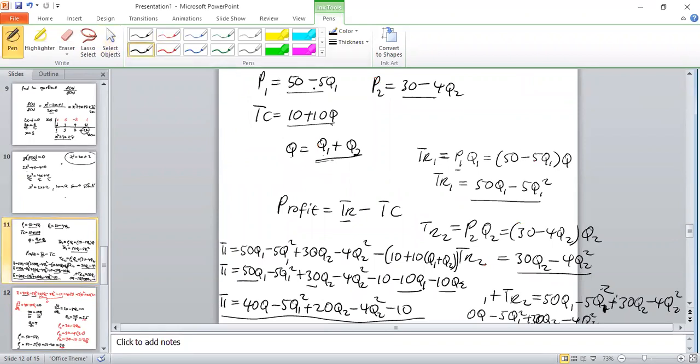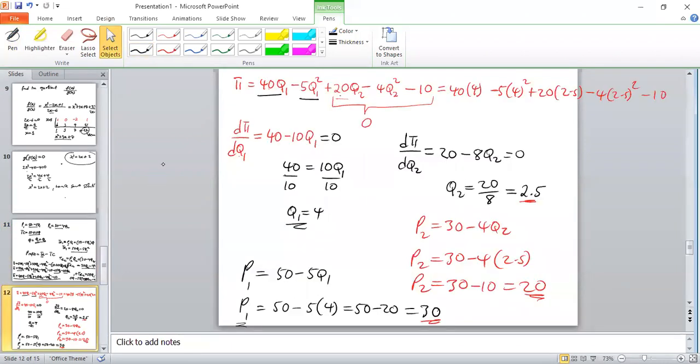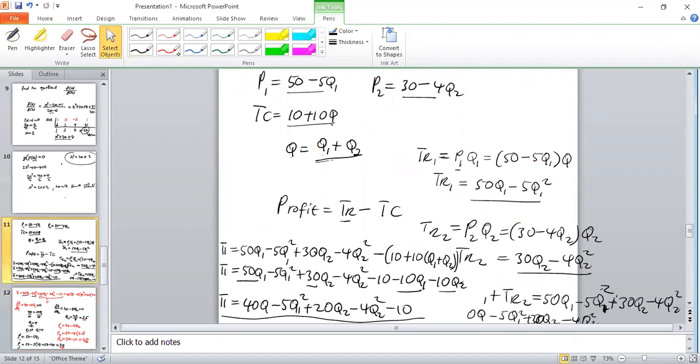So for the first market, P1, we have the coordinates, which we have just found. So for P1, what did it give us? What are the coordinates? P1 is 30, as Q1 is what? 4. And then we are going to get the value of B from equation 1. So P1 is equal to 50 minus 5Q.